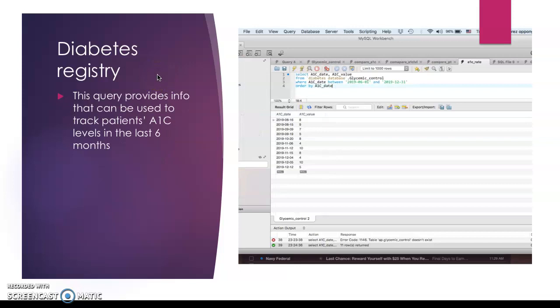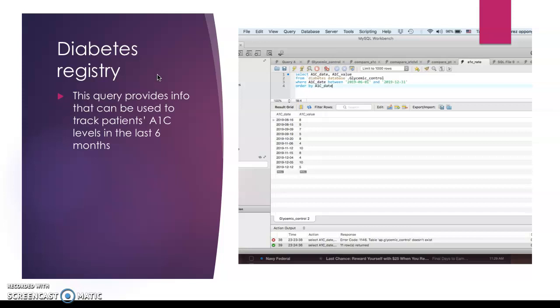Another query that I put here is just a quick one that provides information that can be used to track patients' A1C levels in the last 6 months. So I did a simple query here and a simple statement trying to get information on all the A1C values of patients in the last 6 months, starting from July 2019 to December 2019.